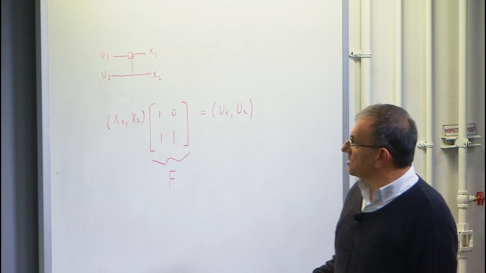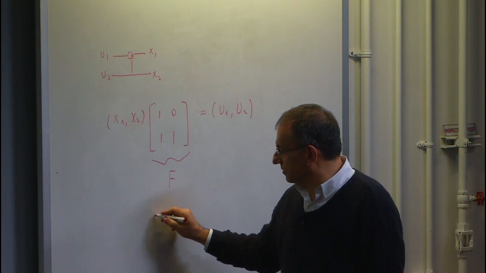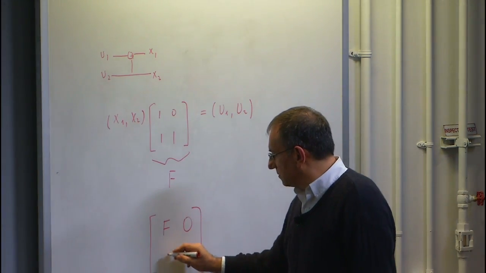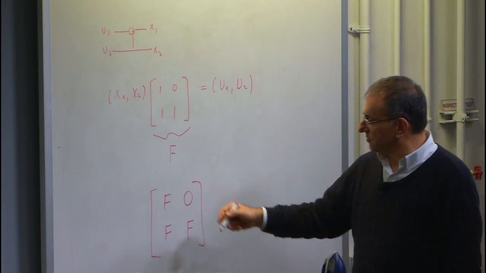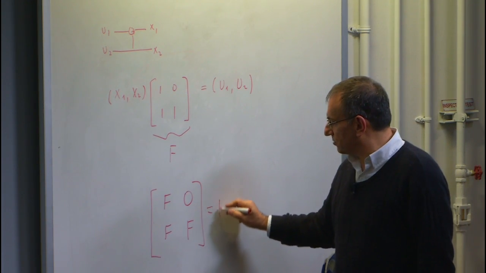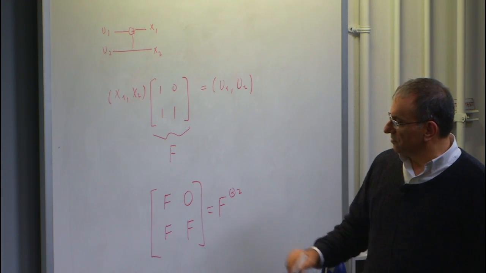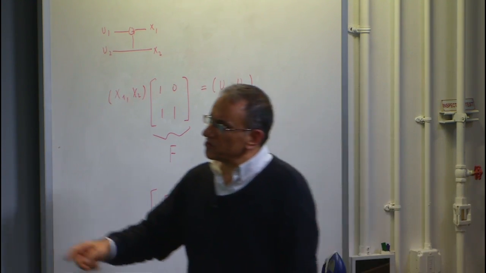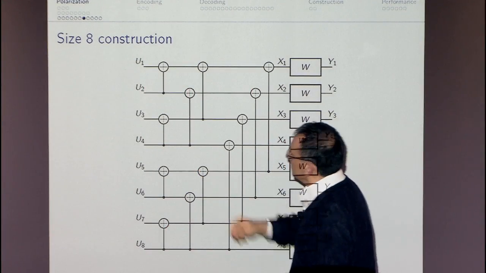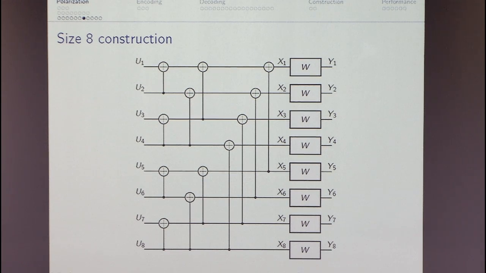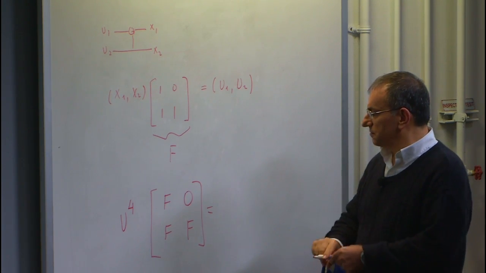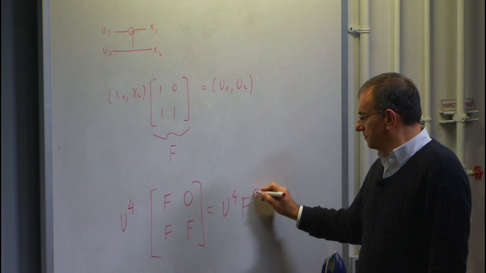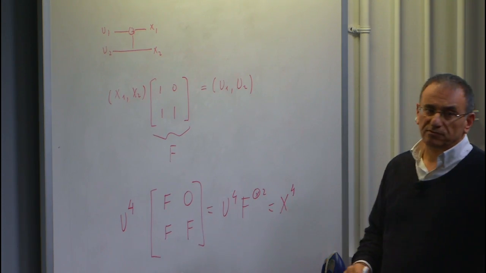If we go to the size 4 construction, the transformation is you take the F matrix and do the second Kronecker power of F. So that transformation is you take a length 4 vector here and multiply it by this matrix, and that gives you the length 4 code word.